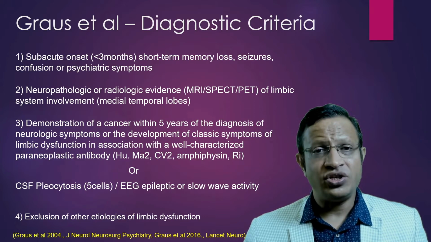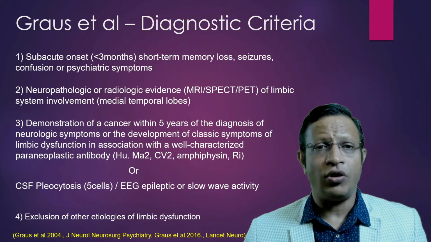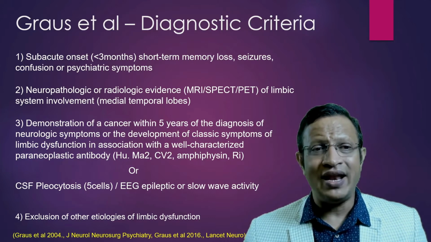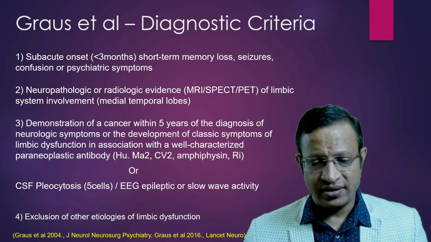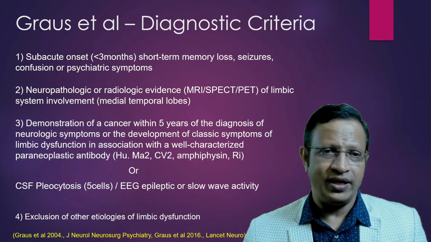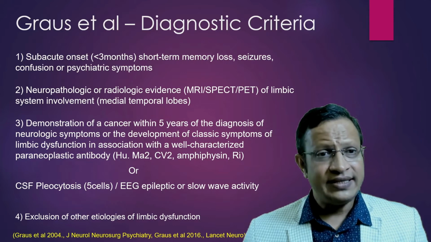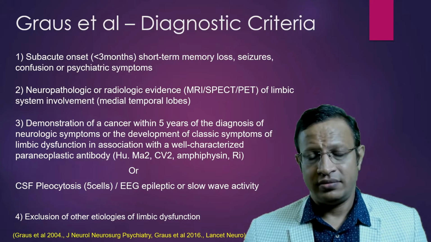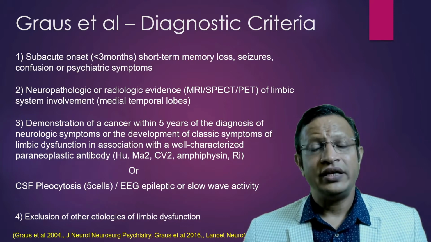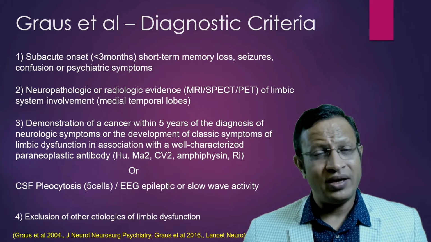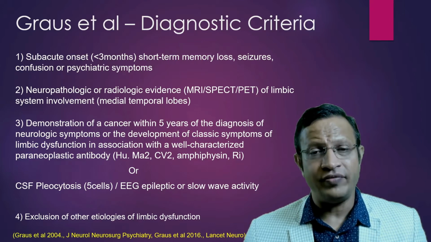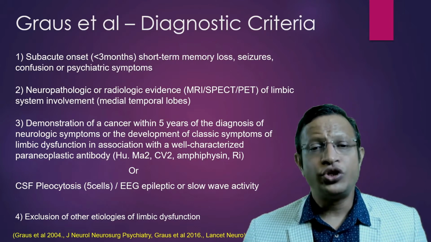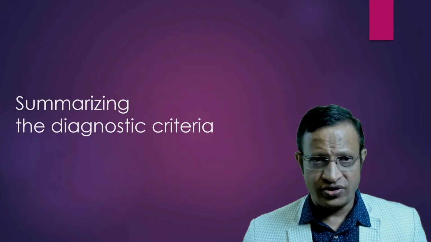Further, demonstration of a cancer within 5 years of the diagnosis of neurological symptoms, or the development of classical symptoms of limbic dysfunction in association with well-characterized paraneoplastic antibodies. Those antibodies are clearly given there. Or CSF pleocytosis, that means 5 cells per milliliter, or else EEG abnormalities like epileptic or slow wave activity should be seen. Further, exclusion of other etiologies of limbic dysfunction should be done. So these were the criteria proposed.